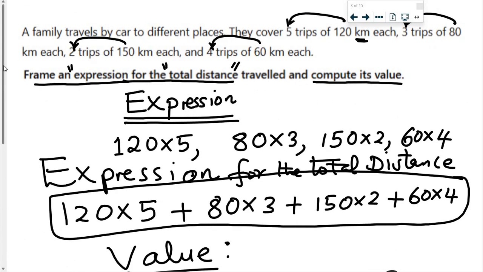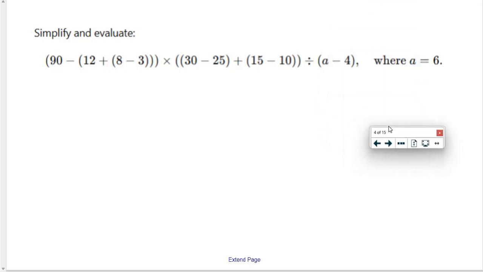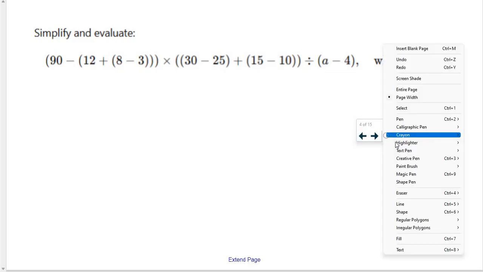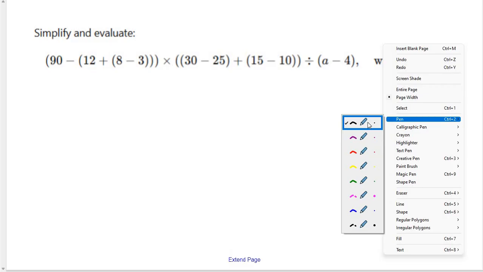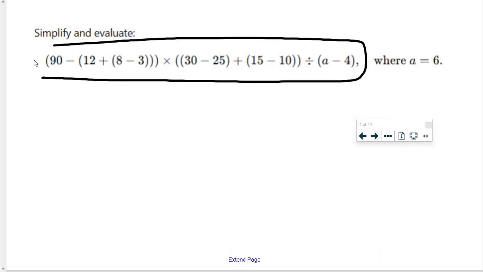All right. Now, second question. The second question is to simplify and evaluate. Now, when you look at this expression here, this expression has too many brackets.